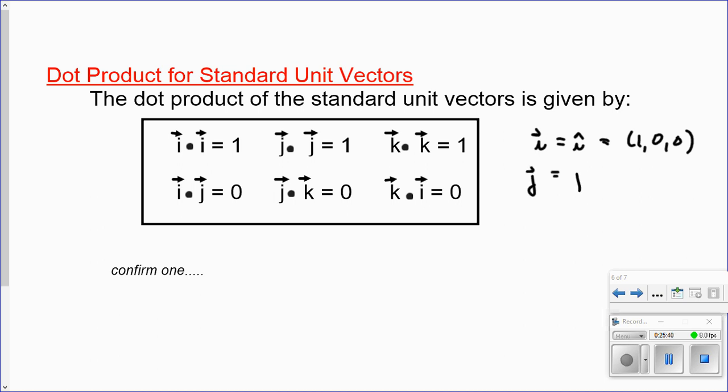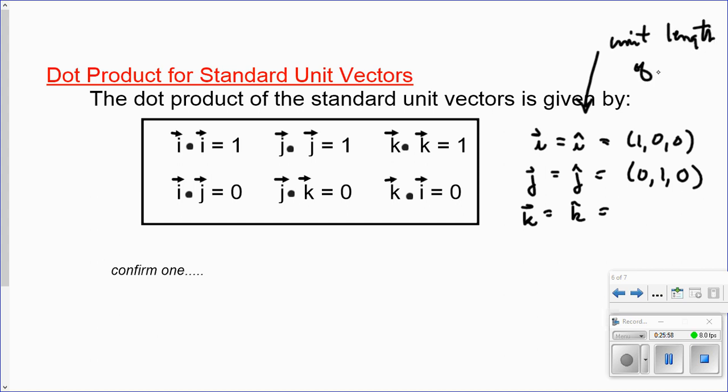That can be referred to as j hat, and that's the vector along the y-axis, 0, 1, 0, and then k, or k hat if you like. The hat symbol represents unit length 1, and that would be the vector 0, 0, 1.